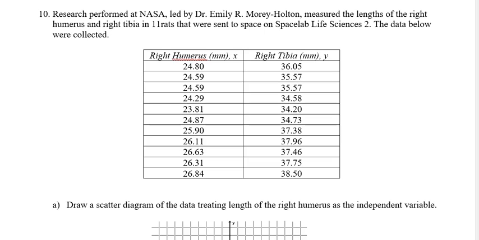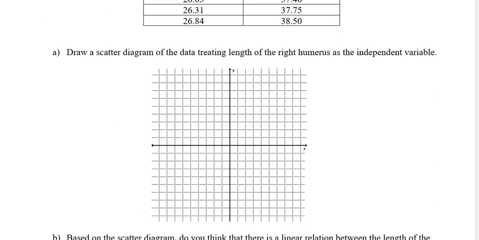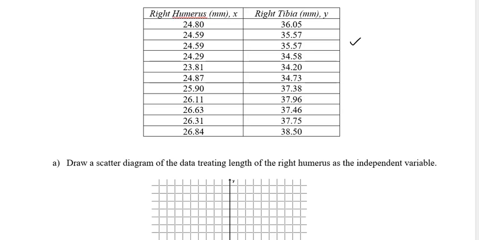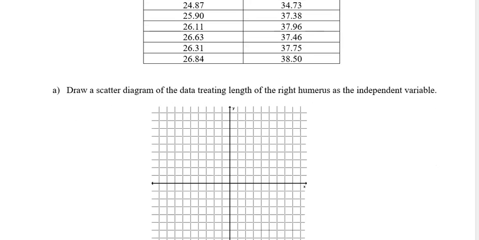For number 10, I'm just going to talk you through what should be done. It's pretty straightforward, especially part A, draw the scatter diagram. All you're doing there is plotting points. So these are XY coordinates that need to be plotted. You probably want to change your units to make them all fit, and you can pick whatever unit you like.